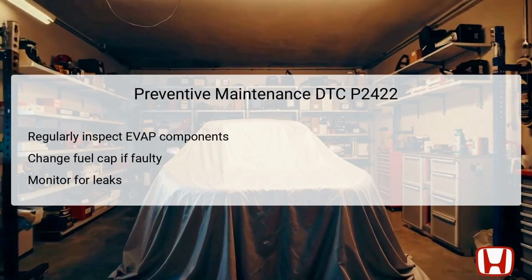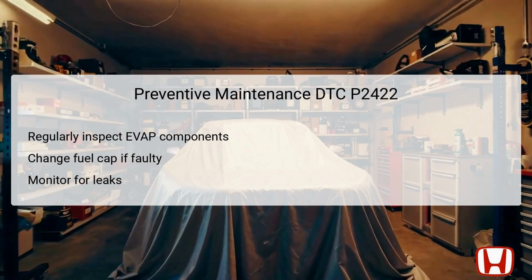To prevent the recurrence of DTC P2422 and ensure the long-term health of your vehicle's evaporative emission system, regular preventive maintenance is key. It's recommended to routinely inspect all EVAP-related components, including the vent shut valve, hoses, and the FTP sensor, to catch any potential issues before they escalate.